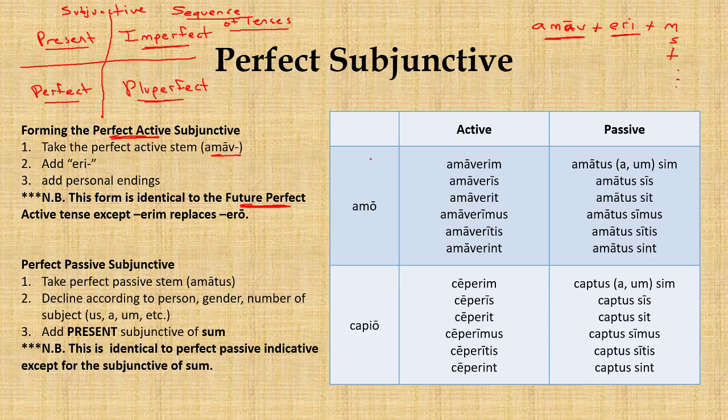In other words, amavero, amaveris, just to remind you, amaverit. So essentially, it is amav plus eri, the future of sum. The only difference here is we just have this form stay consistent the entire time, and we add an m to the end of it instead of a long o.